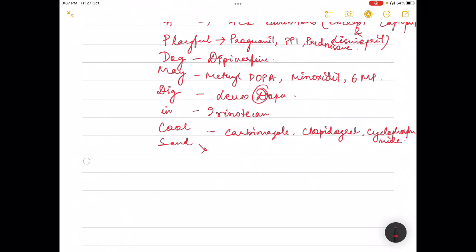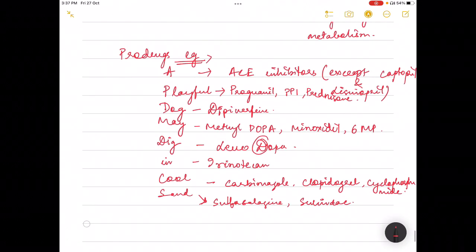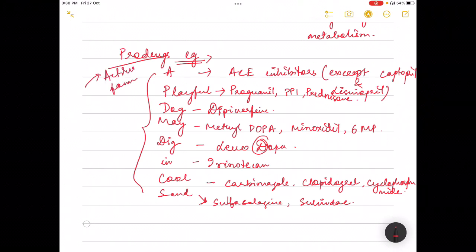S for sulfasalazine and sulindac. Okay, so these are the examples of prodrugs, and these drugs are given in an inactive form and are converted in the body to the active form.